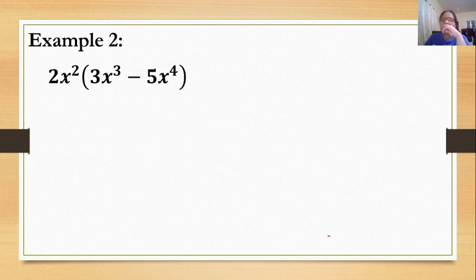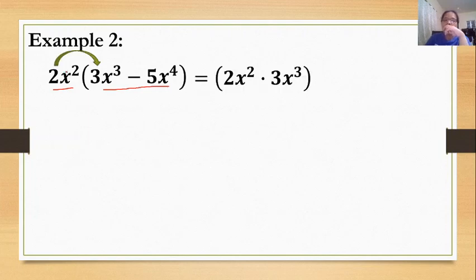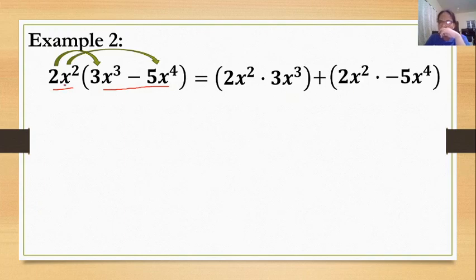Another example, what's the product of the monomial 2x squared and the binomial 3x cubed minus 5x to the fourth? So again, distribute 2x squared to each term in the binomial. Multiply 2x squared times 3x cubed first, plus the product of 2x squared and negative 5x to the fourth.